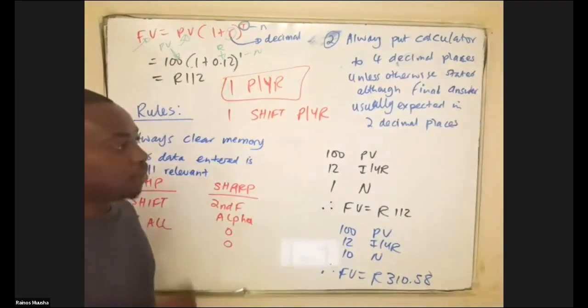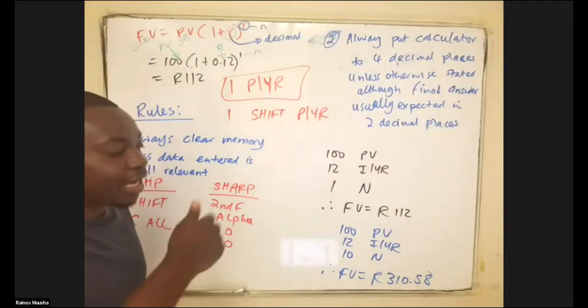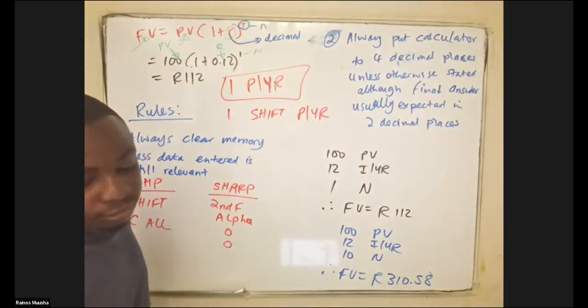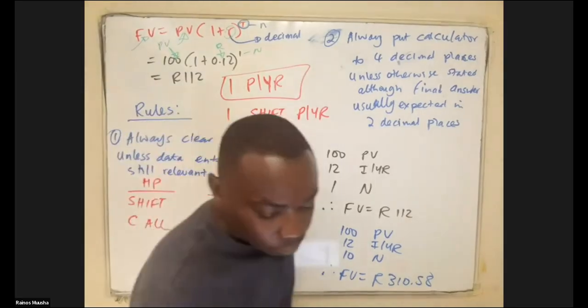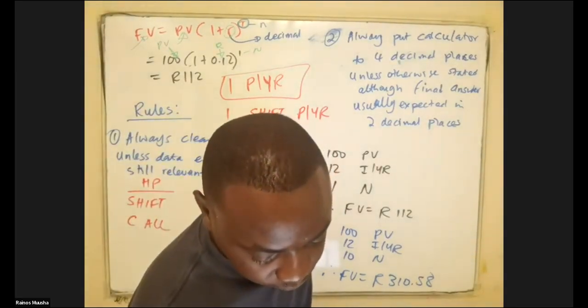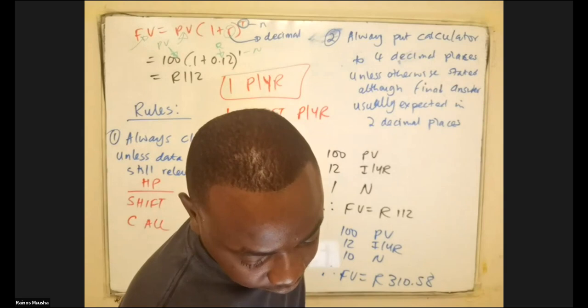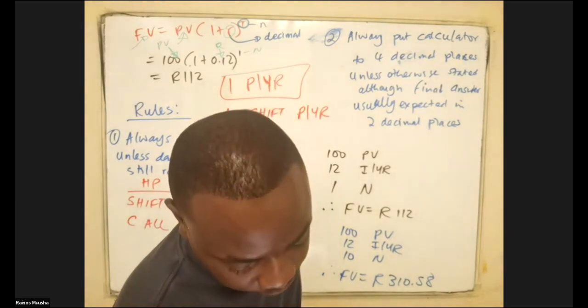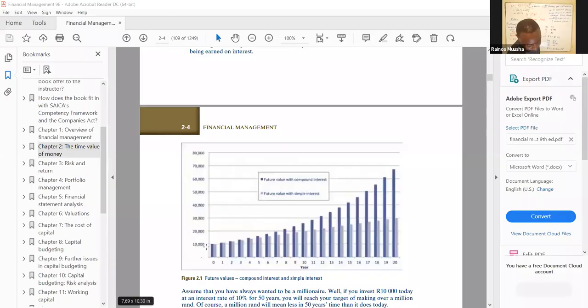So the more you go into the future, the higher the future value. This is what they're trying to show you in this example and on this figure.